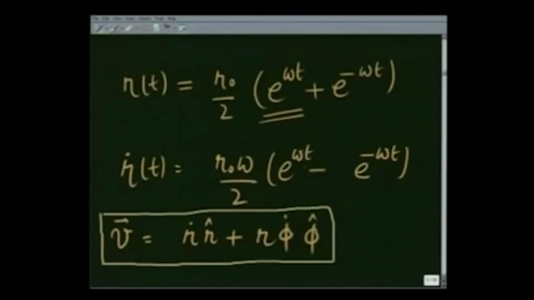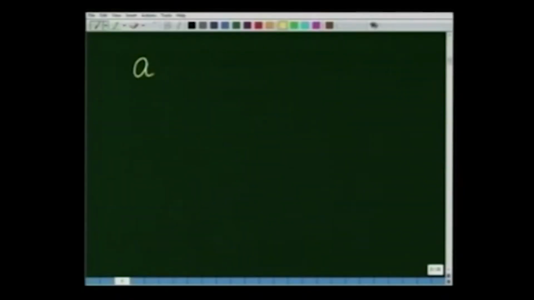How about the acceleration of the particle? The acceleration, as you have already calculated, is 0 in r direction and 2 r dot phi dot in the phi direction.